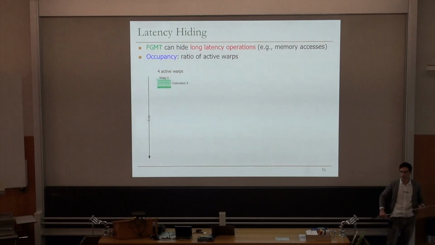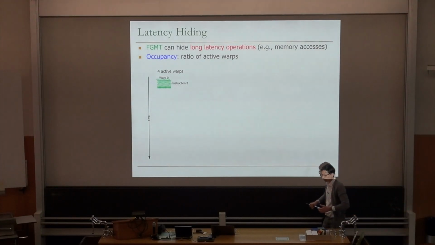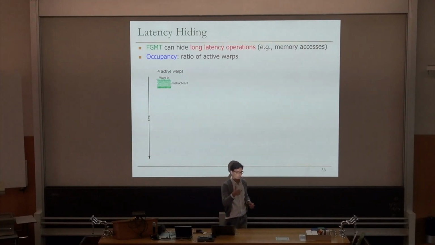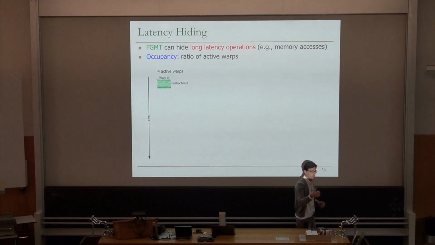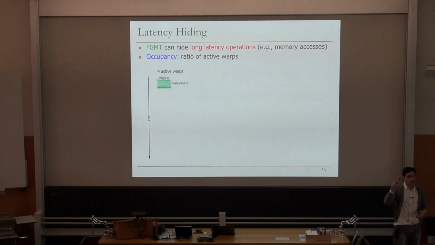Can you guess where we can have this limitation? Well, there are two main things. One of them is the program counter. We will have some limited number of program counters in each of the GPU cores, right? And the other one is the mask.